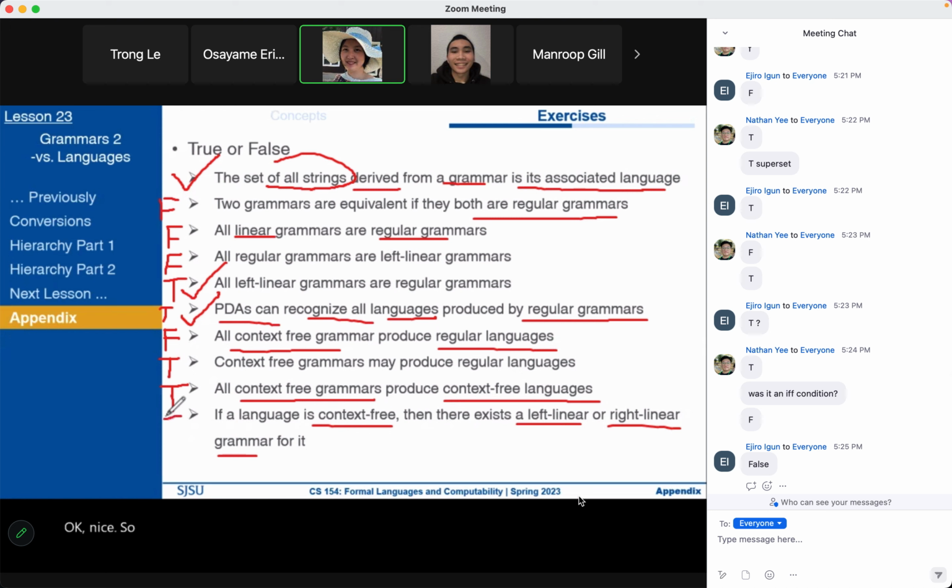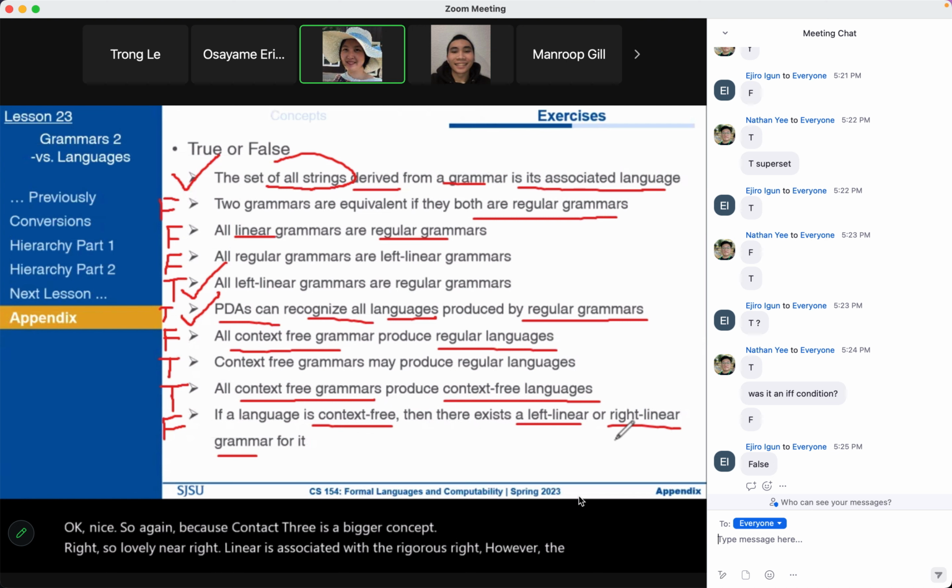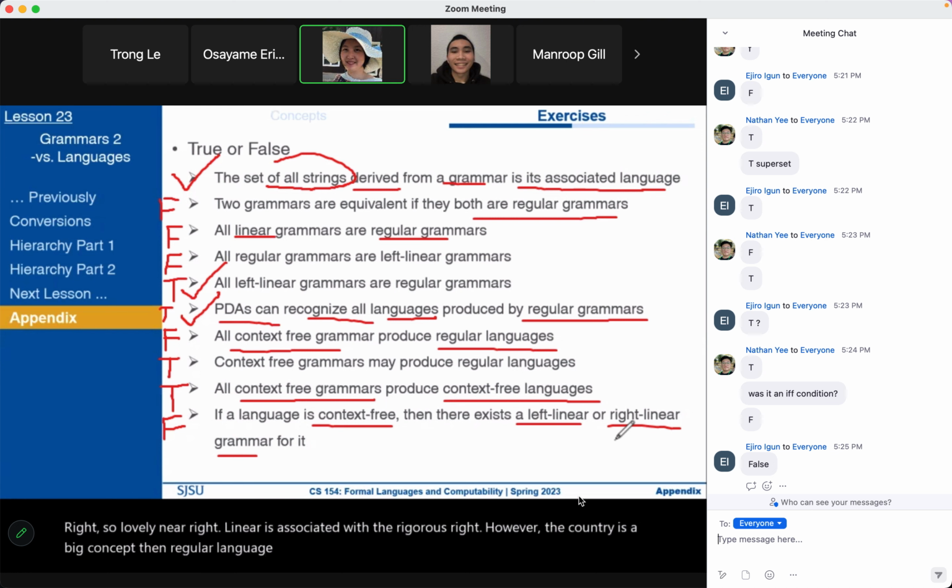So again, because context-free is a bigger concept, left linear and right linear are associated with regular. However, context-free is a bigger concept than regular languages or regular grammars, so a context-free language may or may not be regular. So these two are correct. All others are false.